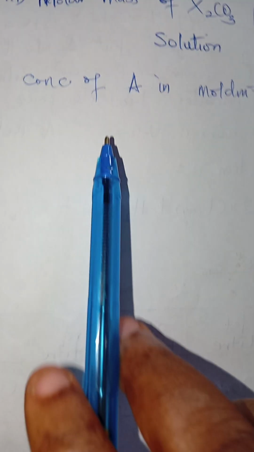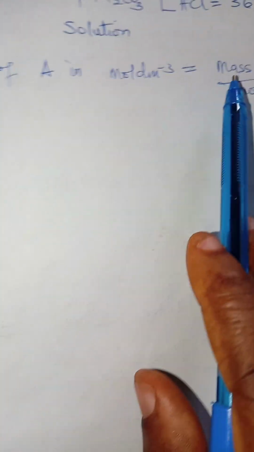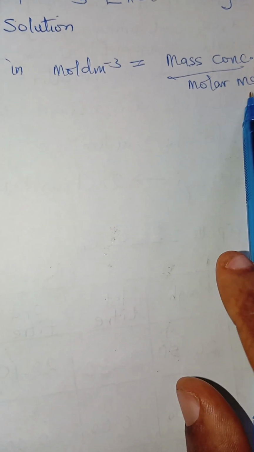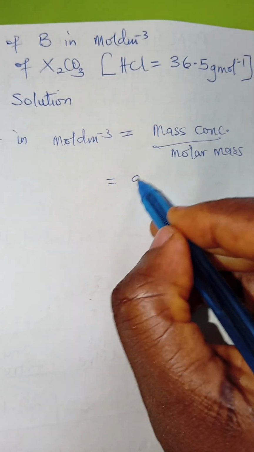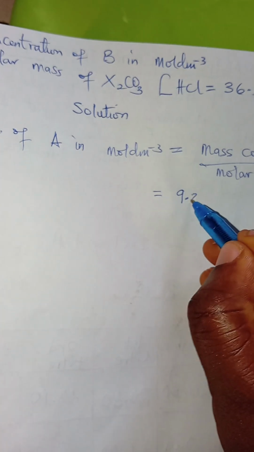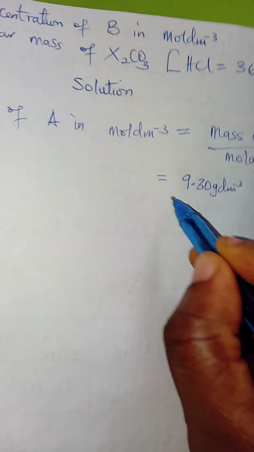You know this now, that to get molar concentration, it is mass concentration over molar mass. Remember, they gave us the mass concentration of the acid to be 9.30 gram per dm cube.